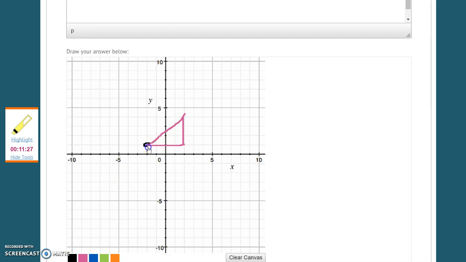So here's one. My coordinates of my third point, these 2 points, remember, were already fixed. Coordinates of my third point would be (-2, 1).